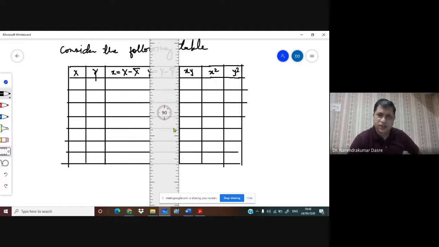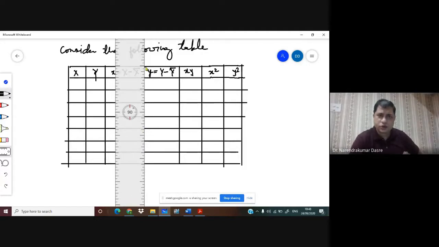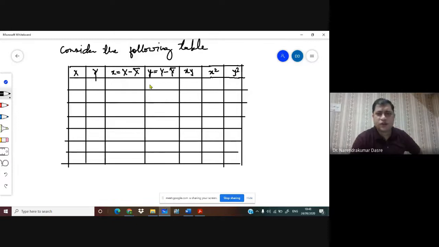The last three columns are more important to us, because we are going to use only those values. We need these three summations to find r. But for that, we need to calculate all this.